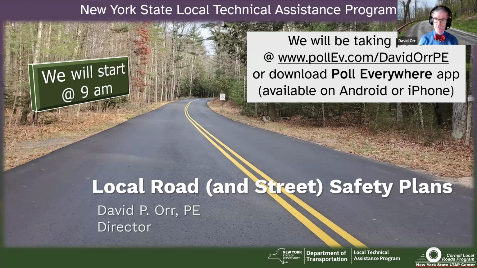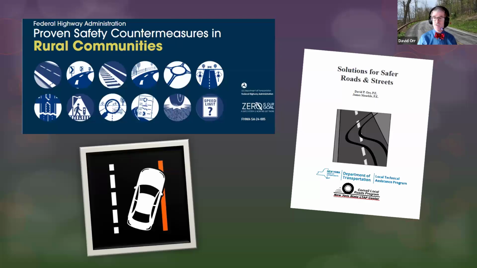My name is David Orr. I'm the director here with the Cornell Local Roads program. We're your New York State LTAP Center, and we're in the middle of a series of webinars that we're doing on roadway safety specifically. There's a handout that, again, is linked in the chat pod. And the materials come from many sources. There's a whole bunch of links there, but the three primary sources are proven safety countermeasures from the Federal Highway Administration.